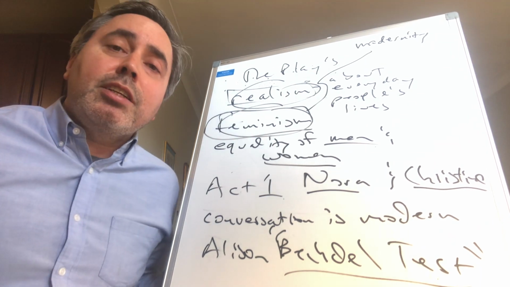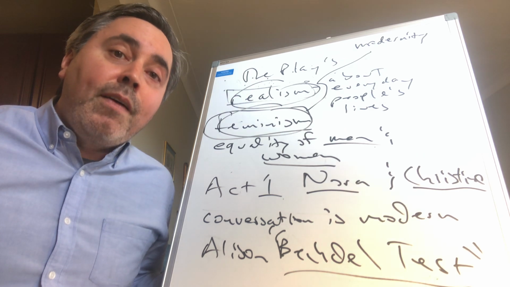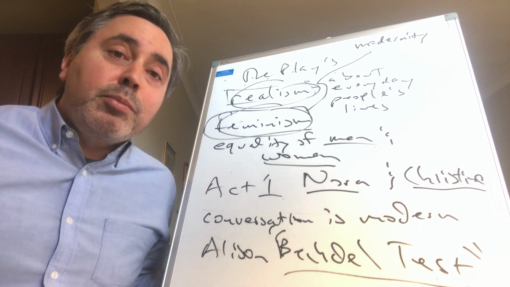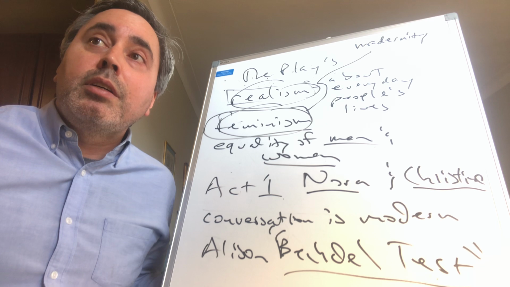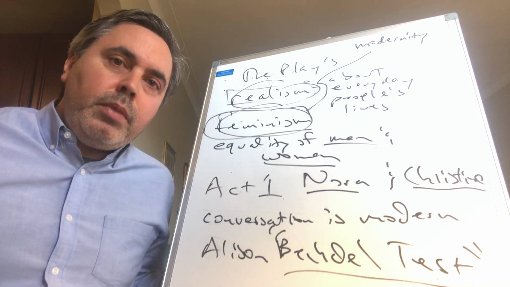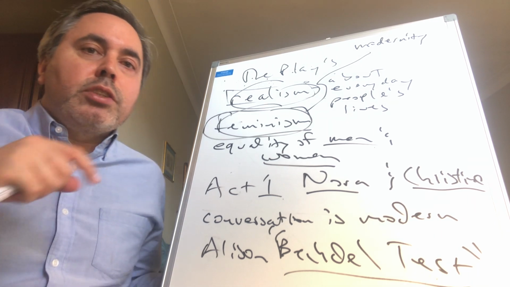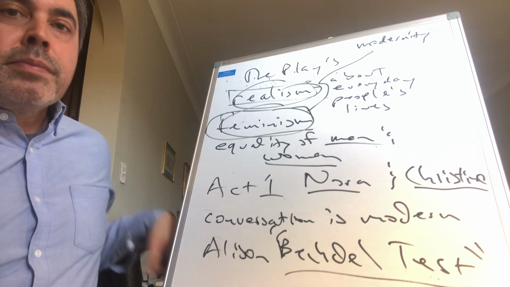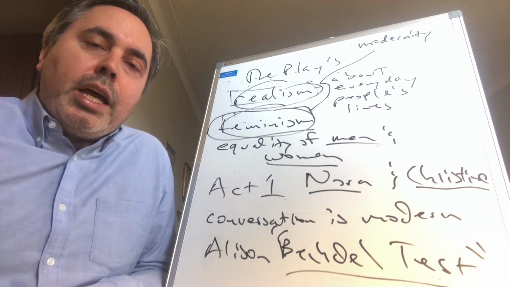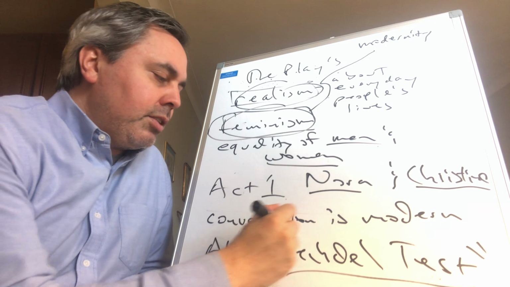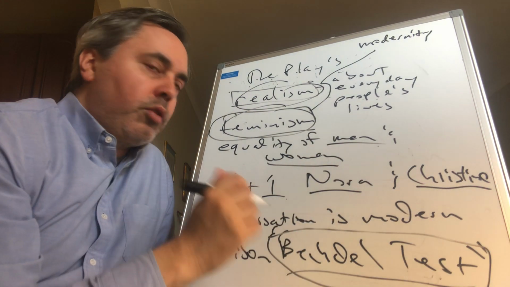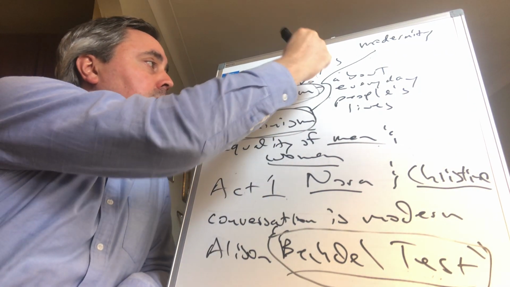And she begins basically to discuss money and figures and the reality that her husband overworked himself. And what's the point I'm driving at here? How do you pass the Bechdel test? Through realism.